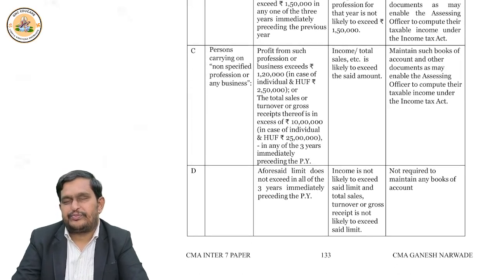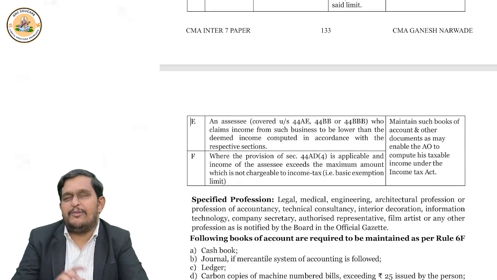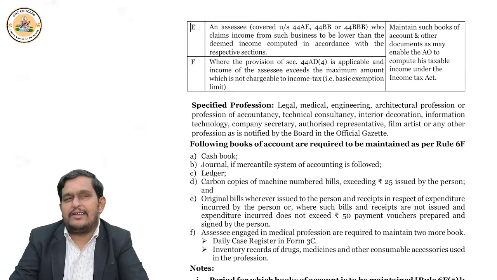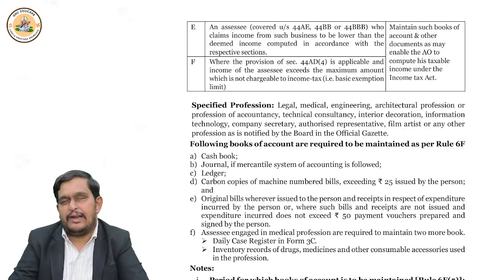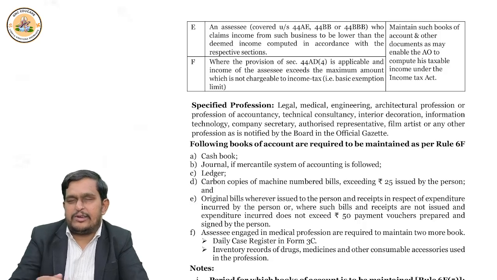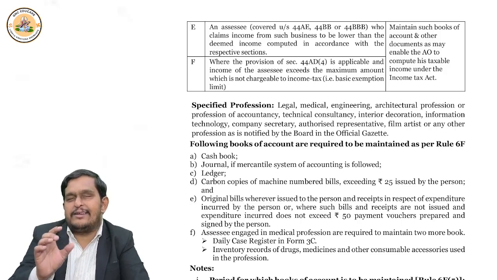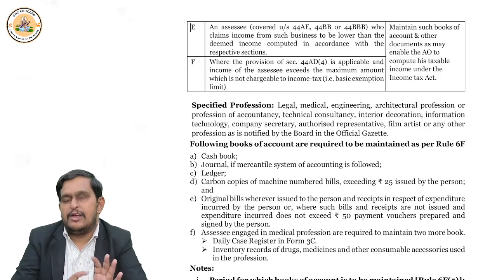Let's come to E now. What it says? E says 44AE, 44BB, 44BBB. Right? Or shall we also include this section called 44ADA also? And you also take 44AD also, no problem. If there are certain limits under these sections, whether it is 44AD subsection 4, whether it is 44AE, 44BB, 44BBB, 44ADA, for all this, E and F, anyhow, the answer is the same, correct?